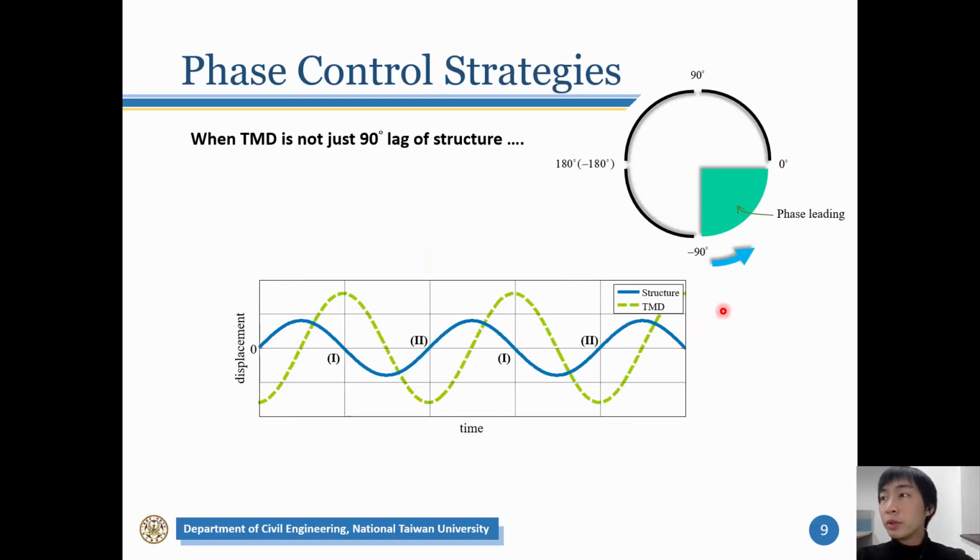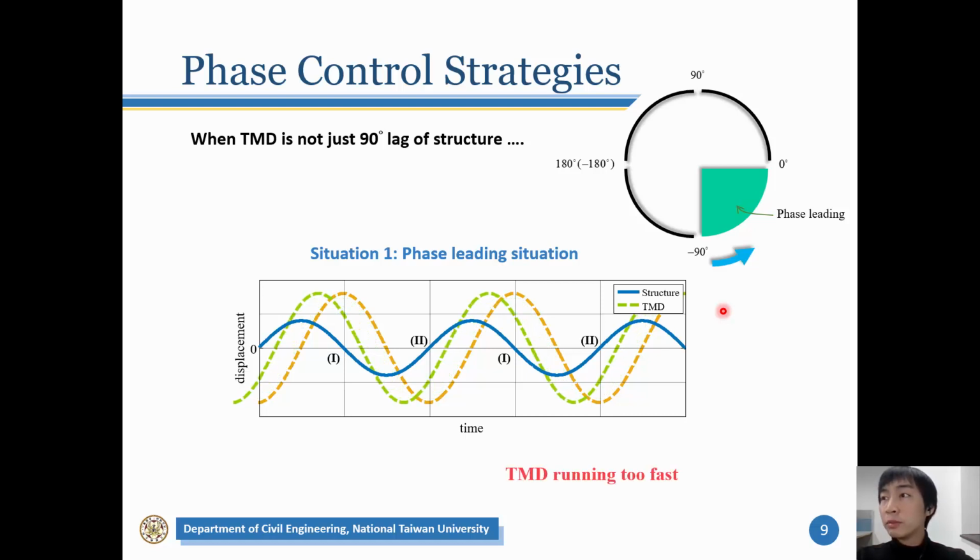If the tuned mass damper motion is shifting like this, which means the tuned mass damper phase is in this range, we call this the fast leading situation, because the tuned mass damper is running too fast. The tuned mass damper reaches the peak value before the structure reaches 0.